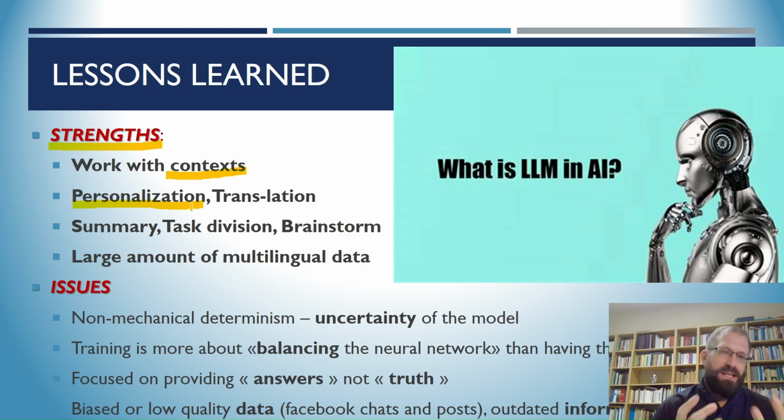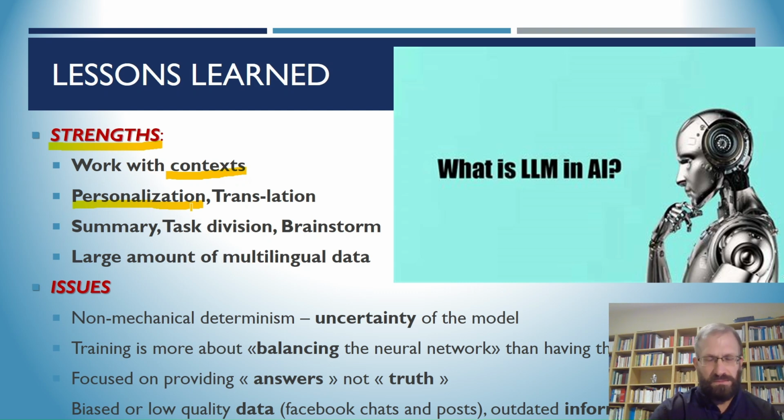Like the data, 70% more or less, it depends on the model, was trained on English language. But there are also other languages which are present and they are interconnected. So the translation that is produced by a neural network, by an LLM, is always aware of the context of a word.